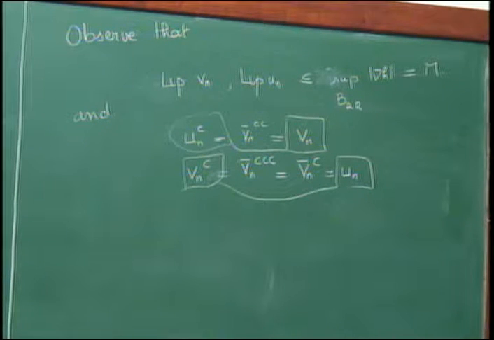The Lipschitz constant is 0, but I don't have convergence of any subsequence, uniform convergence of a subsequence. So to apply Ascoli-Arzela, which will tell me that I have a uniform convergence, I need to know that un of 0, for instance, is bounded independently of n.